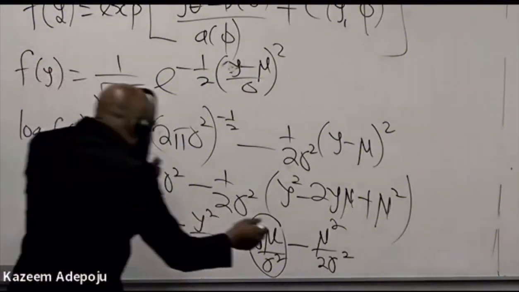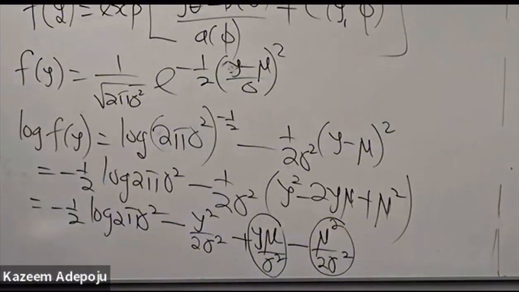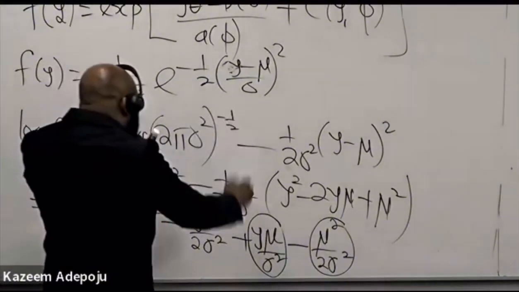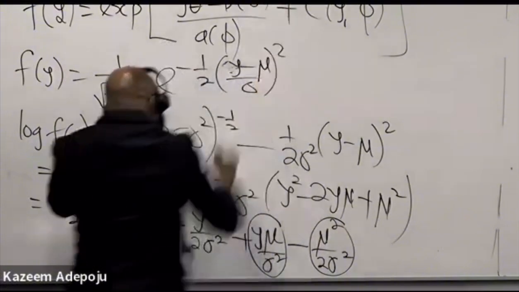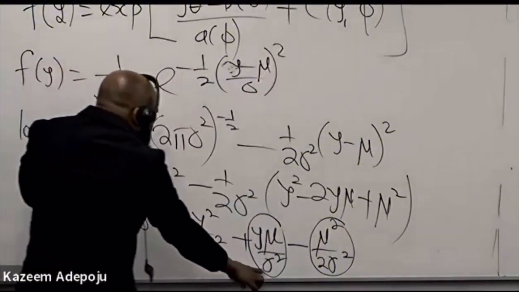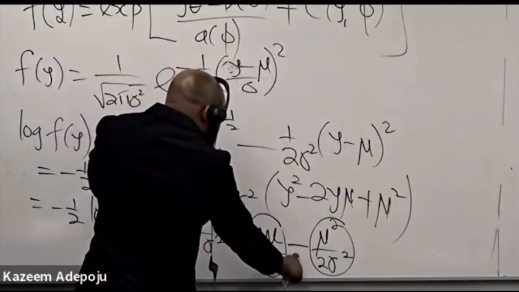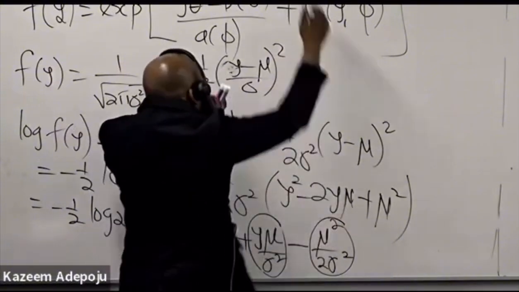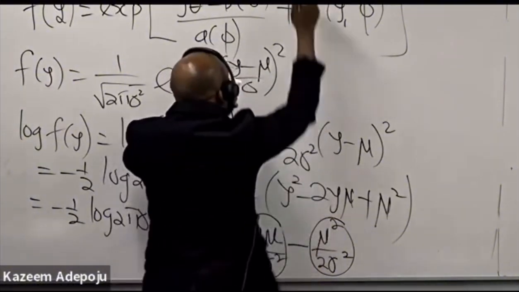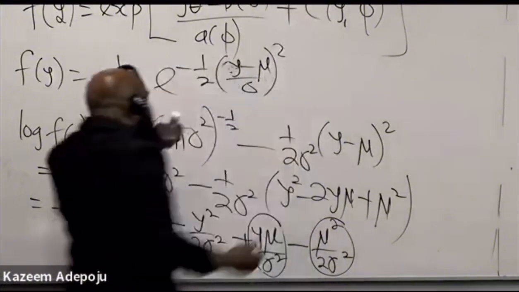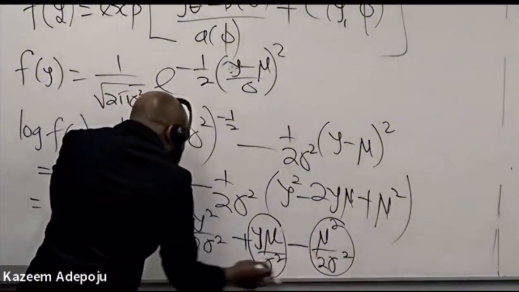And if you take a look at this guy as well, now if I want to write that, I can write y mu minus mu squared over 2, all divided by sigma squared.